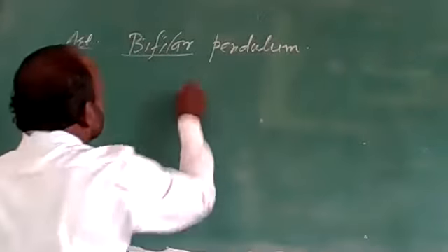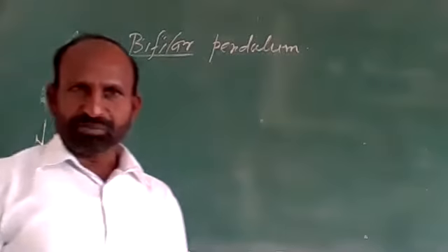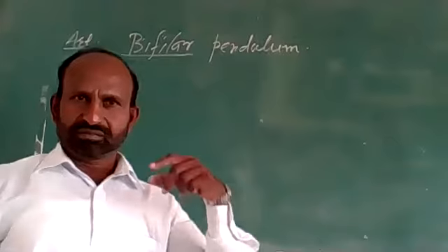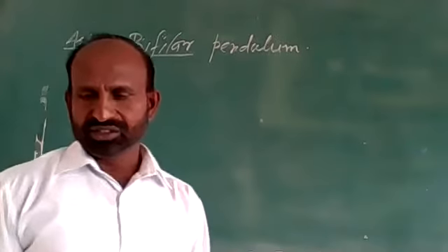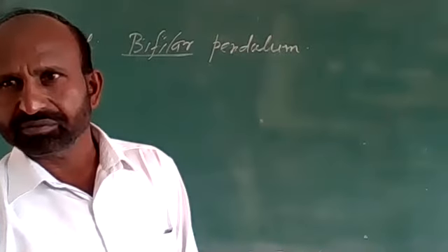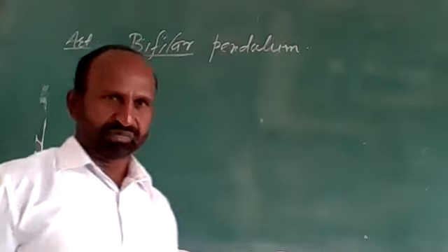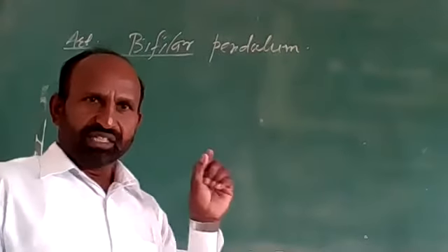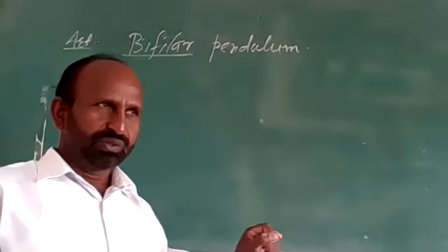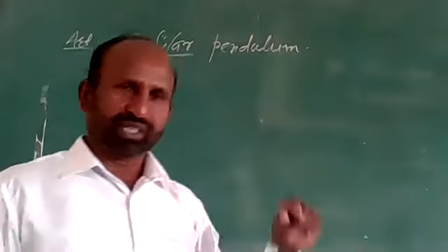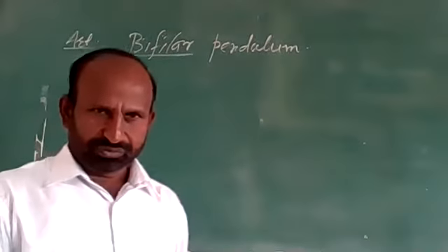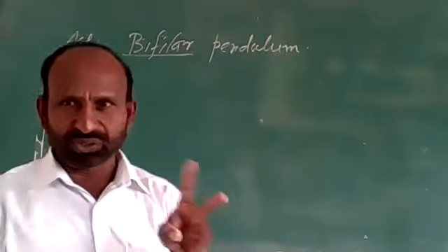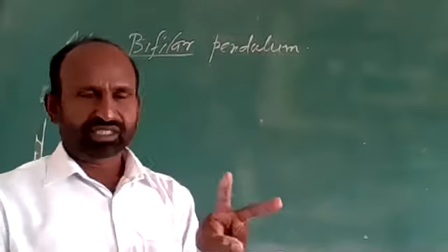Here, see this word: bifilar. Filar is the filaments or threads which we are using for suspending the pendulum. Bi means two. Like biology means botany and zoology. Bifilar means we are using two suspension threads.